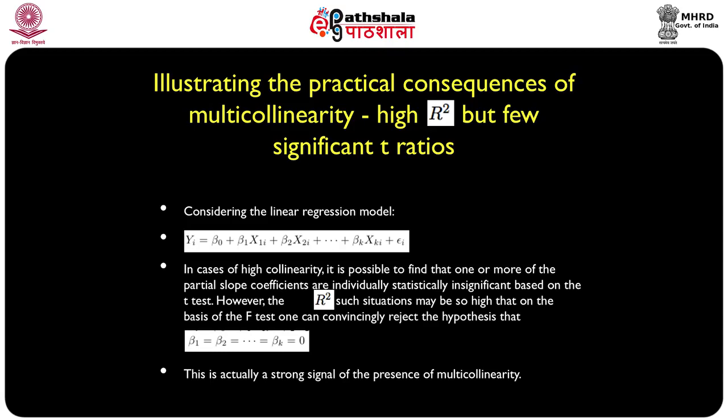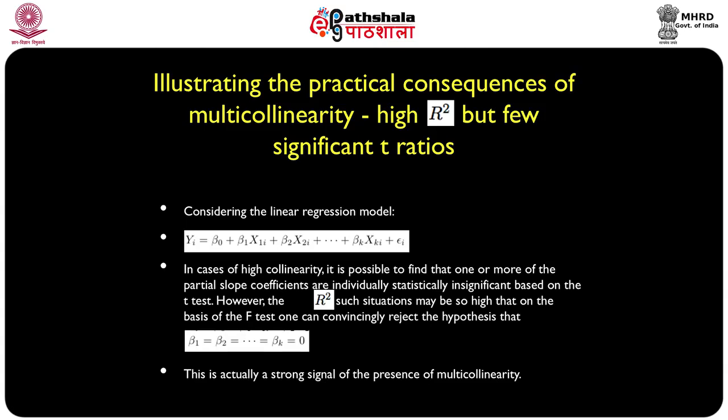However, the R square in such a situation may be so high that on the basis of the F-test, one can convincingly reject the hypothesis that jointly the regression coefficients beta 1 equals beta 2 equals beta k equals 0. This is actually a strong signal of the presence of multicollinearity.